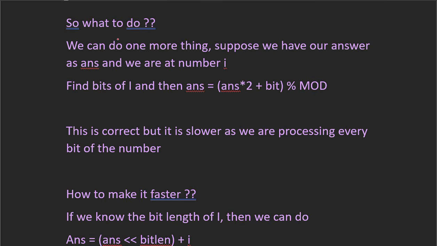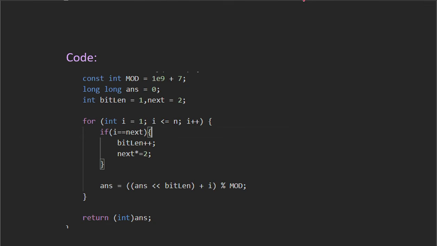What we can do is, instead of making a string, we'll take some variable answer which will be 0 initially, right? And when we are at some number i, we'll find all the bits of this i. Suppose i is 5, so it is 101, right? And suppose our answer is x at that time.